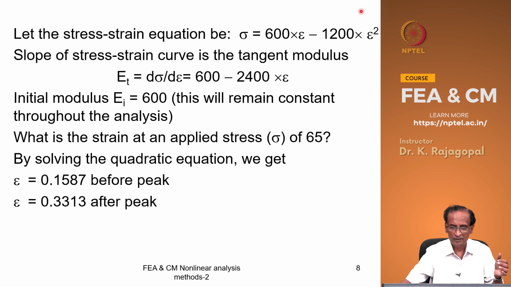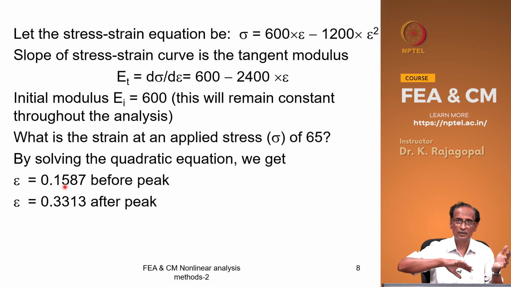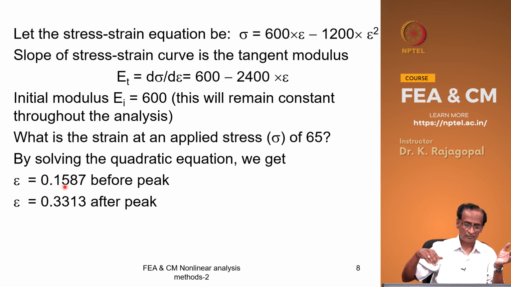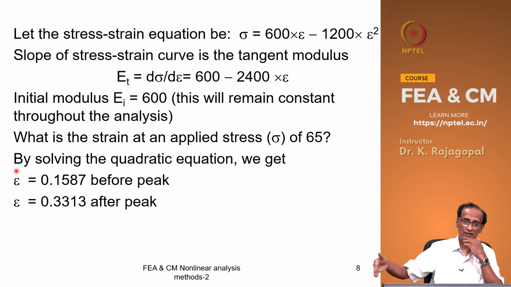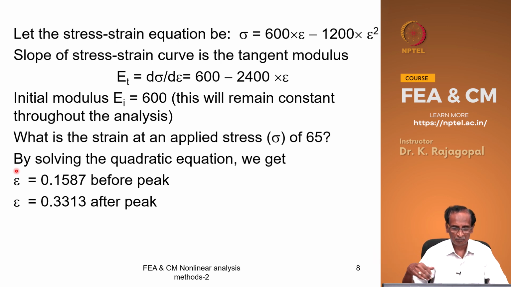By solving this quadratic equation we get two values for strain, that is 0.1587 before the peak, during the strain hardening part, and then beyond the peak 0.33. But in this course we are going to deal with only the strain hardening part before the peak. Beyond the peak, that is the strain softening part, will come later.